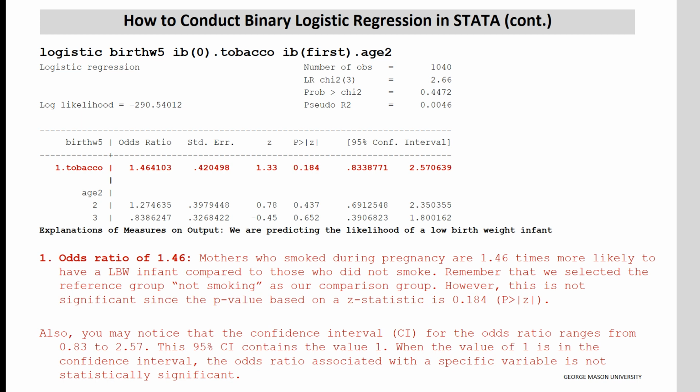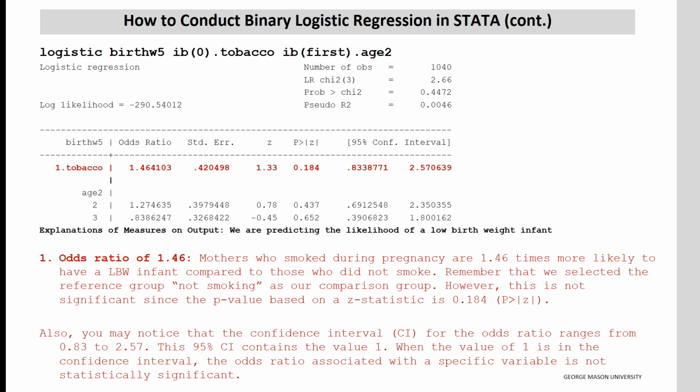So we would then interpret this odds ratio as follows. Mothers who smoked during pregnancy are 1.46 times more likely to have a low birth weight infant compared to those who did not smoke.